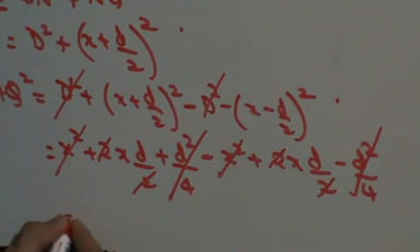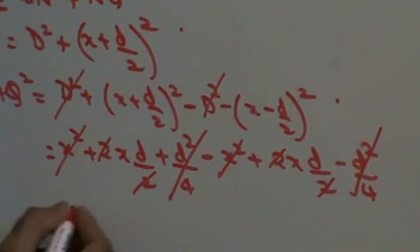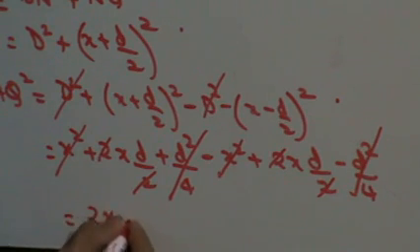So in which case BQ square minus AQ square is 2xd, right? Now BQ square minus AQ square is in the form a square minus b square, which can be written as (a + b)(a − b).